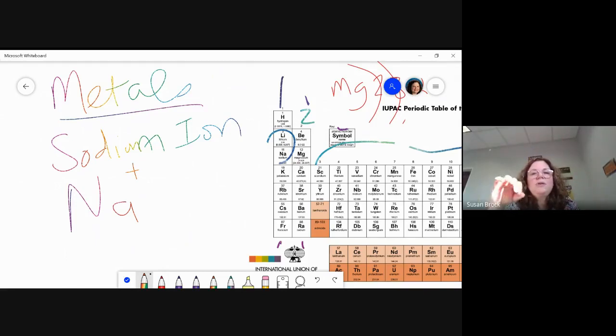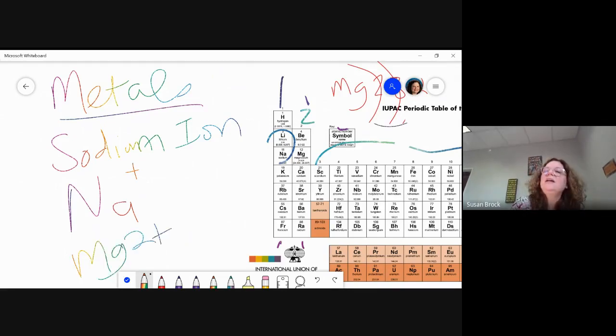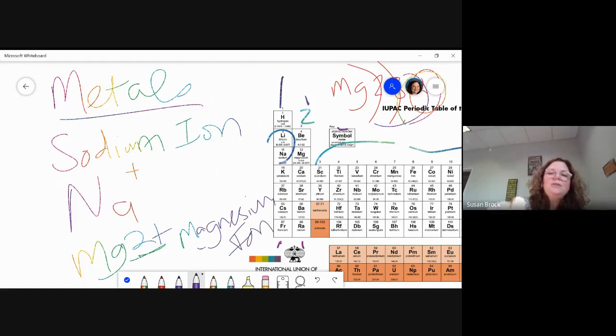It's important to know what we change their name to, because that helps us later when we do naming. And magnesium becomes a 2+ because it loses those 2 electrons. So it becomes a 2+ ion, and so we have the magnesium ion. All right, so that's what the metals do.